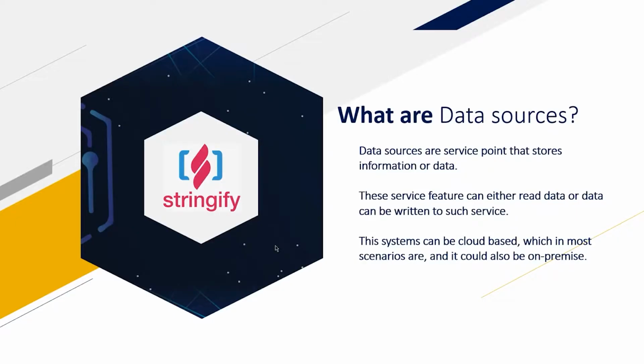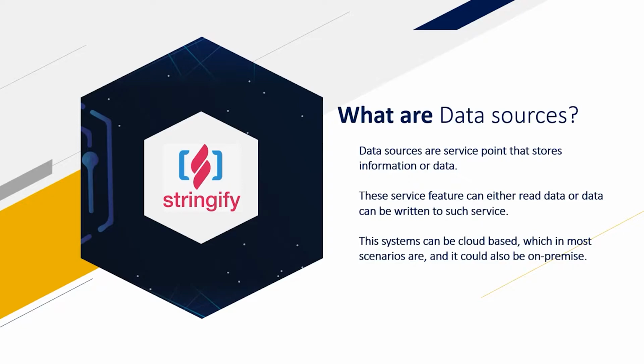We'll be looking at what data sources are. Let's start from there. Data sources are service points that store information or data. What are we saying here? You have points where your data is being stored, and if data is being stored somewhere, definitely the data will be used in another place.